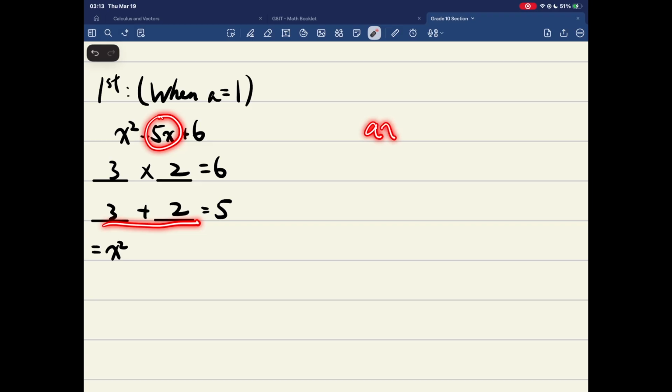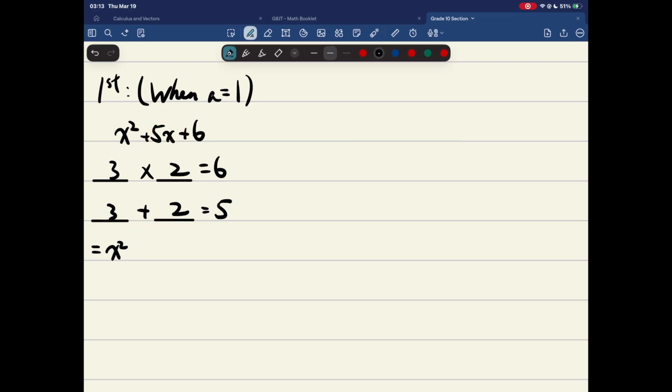a number times x plus another number times x. So we'll rewrite 5x as plus 3x plus 2x, and at last plus 6.